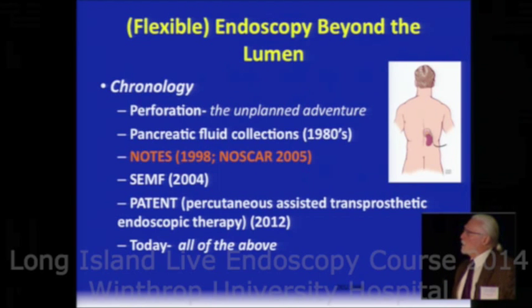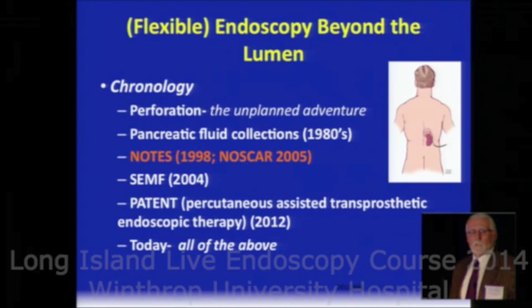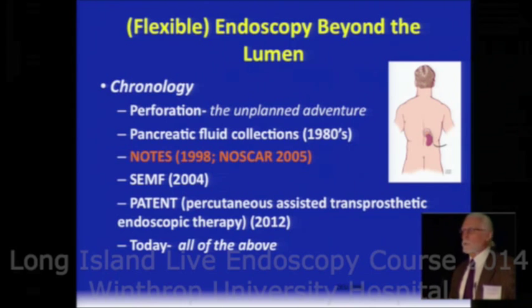This is a common site, the perinephric space, as a result of complications of necrotizing pancreatitis. We can put in a stent to maintain the tract open, and then convert what would be months of drainage and flushings a couple times a day to a more aggressive debridement procedure that can turn the patient around a lot faster, called PATENT.